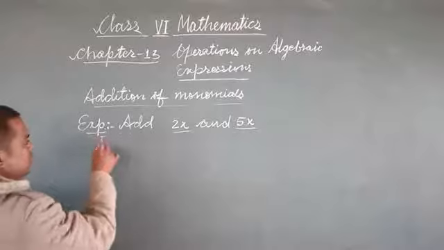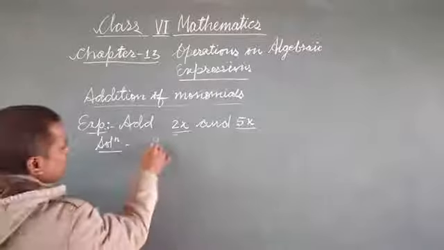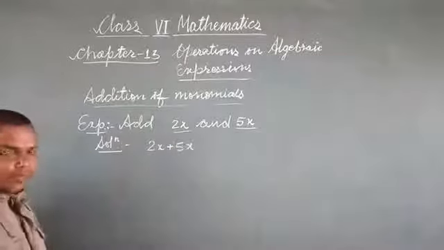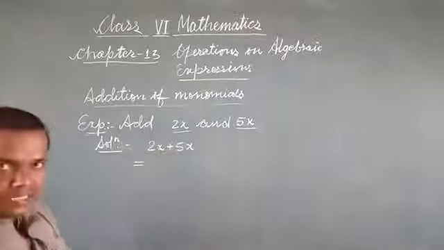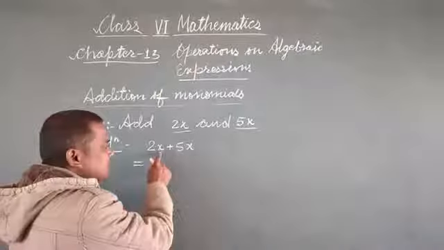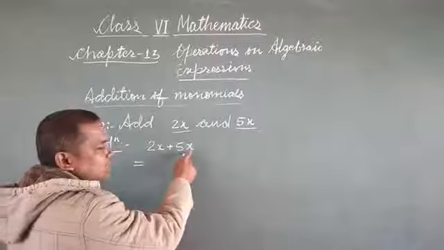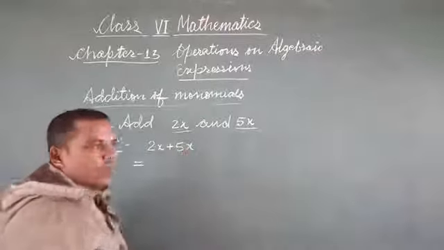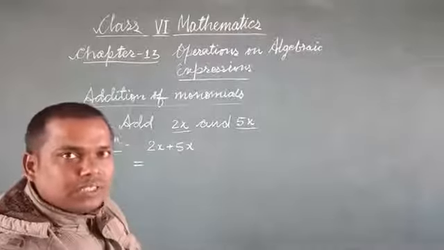So we will write solution here: 2x plus 5x. These two are like terms because in this term x is a variable and in this term x is a variable, and the power of the variable in both the terms is the same.